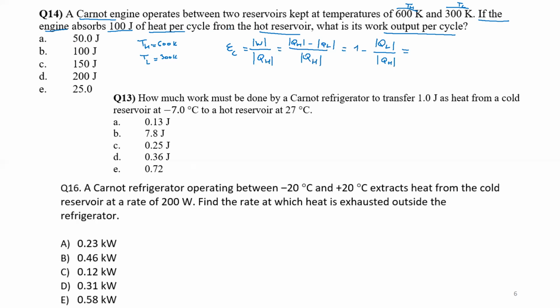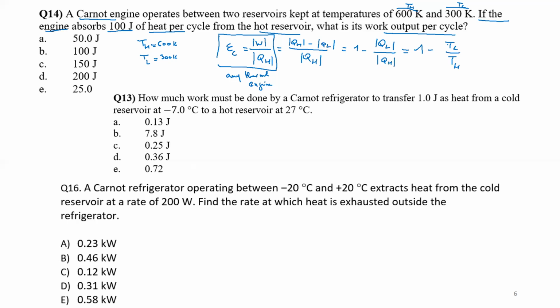So all this is true for any thermal engine, any heat engine. Now this efficiency is just 1 minus TL divided by TH. And we have demonstrated this in class using the entropy.